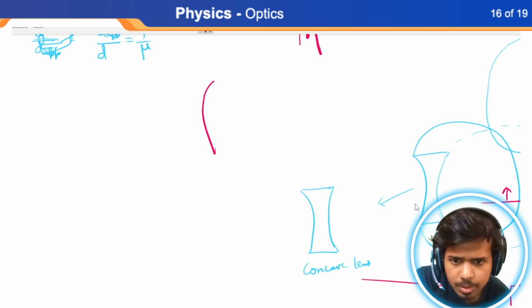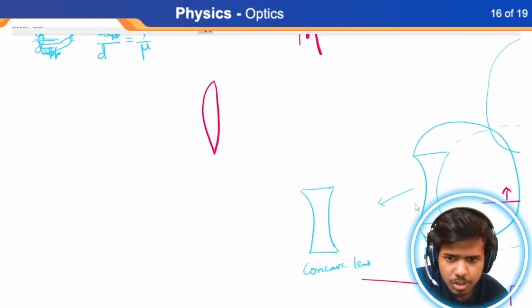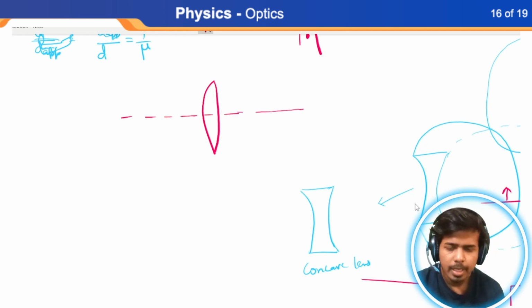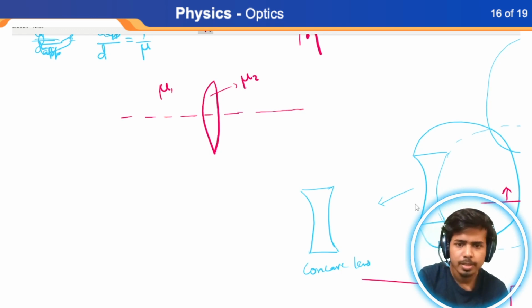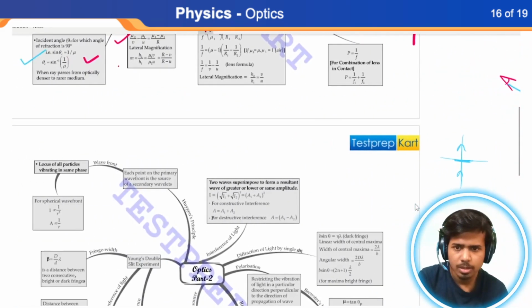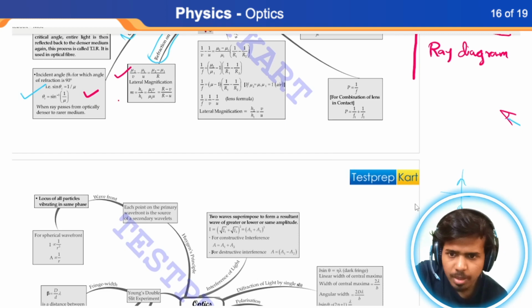Let's say you have this system in which this is the principal axis and this is medium mu1 and another medium having a refractive index of mu2. All right, then you can apply this particular formula, that mu2 by v minus mu1 by u is equal to this thing, and lateral magnification could be found out in the same manner.